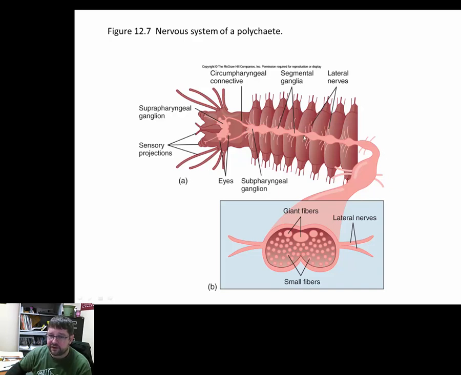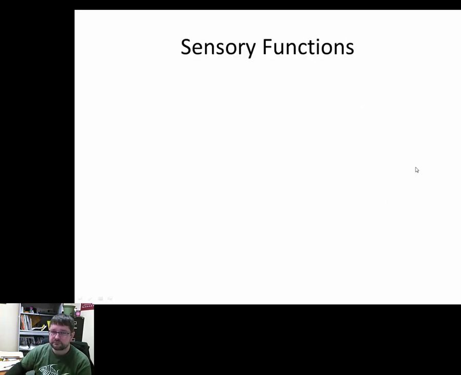The rest of the ganglia occur at each segment, and they control the parapodia within that segment. You can see this double nerve cord, or bilobed nerve cord, with these giant fibers associated with it, helping mediate fast response.